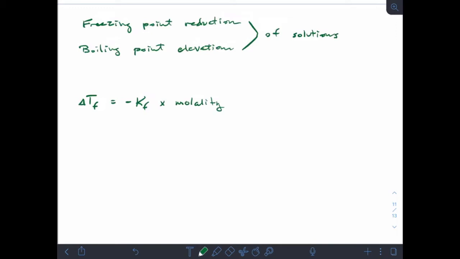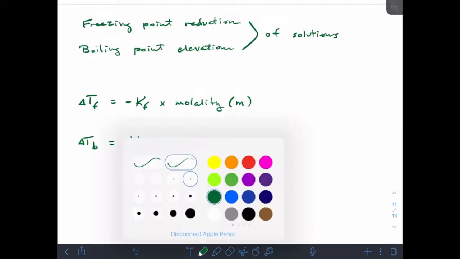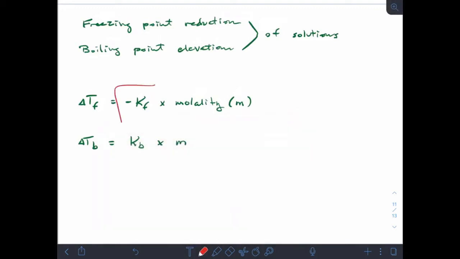Different from molarity, molality. And molality, if you're not familiar, is lowercase m. And our delta Tb, change in boiling temperature, is equal to Kb times molality. So keeping in mind that these are constants for a particular solvent.